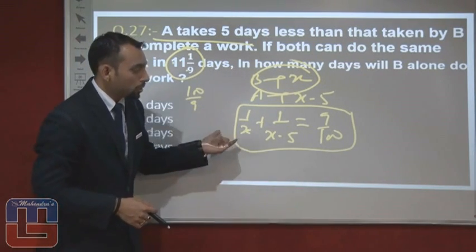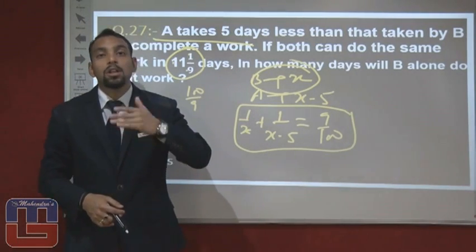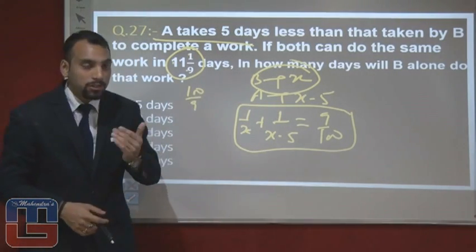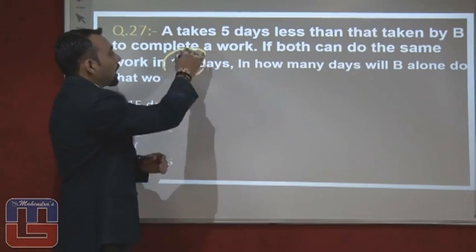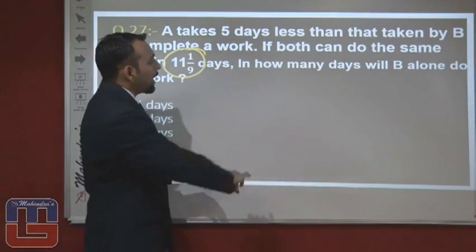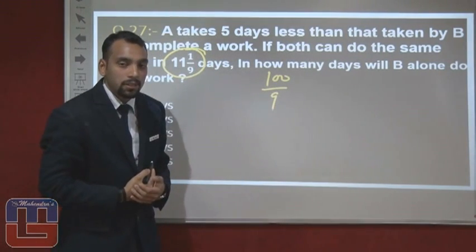So how will we solve the question directly? What we have to do is use the options. For example, now see, if they both are doing the work, they are taking 100 by 9 days.